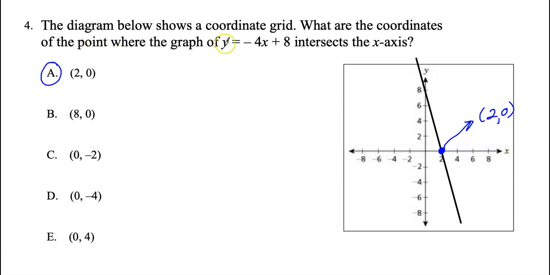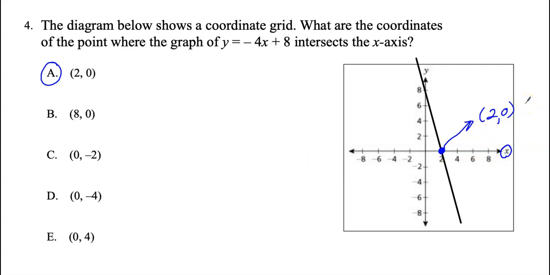It's asking if you were to graph this line, where does the line cross the x-axis? And it crosses right here at 2, 0.